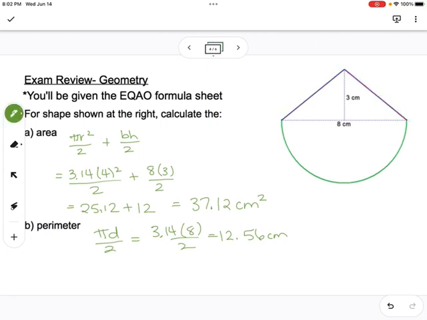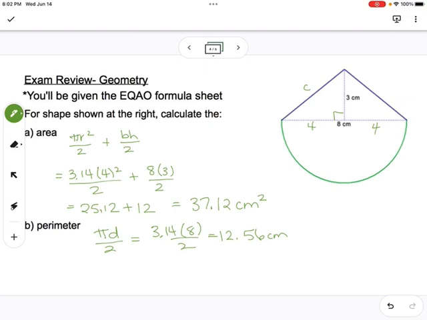Okay, but what we do notice is that this is broken into two triangles, and those create a right angle triangle with a height of 3 and a base of 4 each. So that means we can find the hypotenuse of the triangle, which is the length that we need to find perimeter.